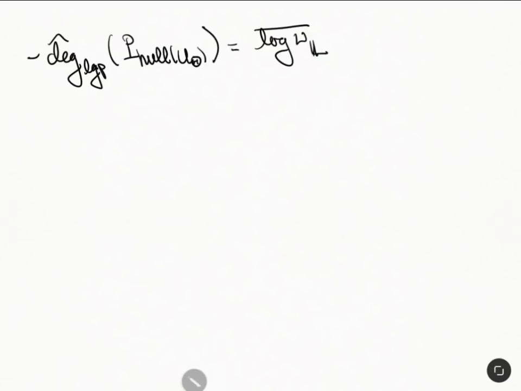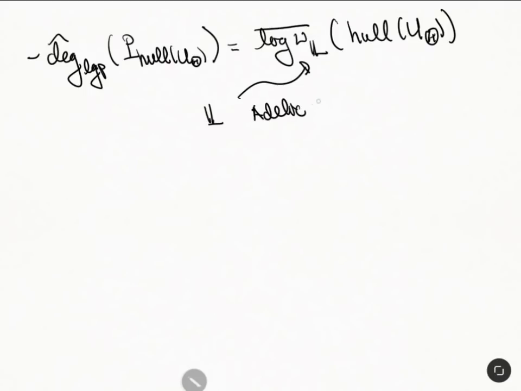It's not quite a log measure, but it's like a log measure of Hull of U theta. So here, this L is like an idyllic, we can call it a Mochizuki log measure space, and I will say a little bit more about what that means.